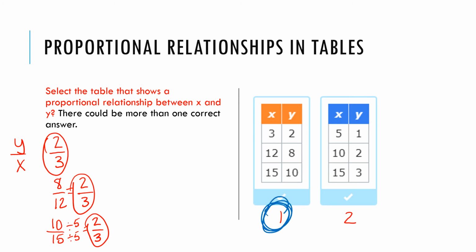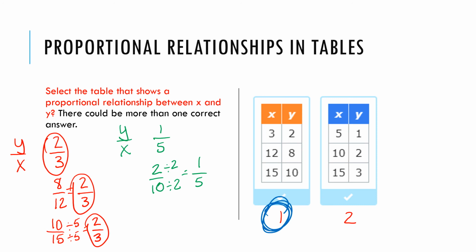However, we still need to check table 2. Again, we still do y over x. So we have 1 over 5, and we have 2 over 10, which needs to be simplified by dividing by 2. And 2 divided by 2 is 1, and 10 divided by 2 is 5.